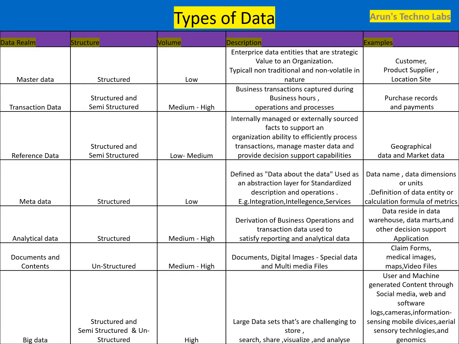Metadata. Metadata is structured. It means data about the data. For example, a product is associated with a particular warehouse, and the product will have more information, like how it was manufactured, what the features are, what the ingredients are, how many ingredients there are, and what the weight is.